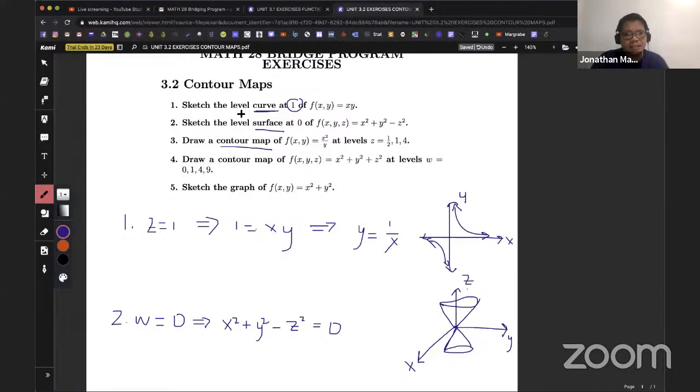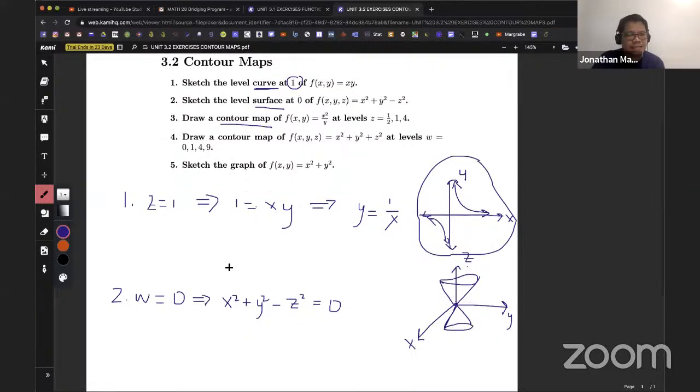So this level curve, this figure can also be considered as a contour map, kaya lang isang specific value lang yung binigay natin sa Z. So pag nagdagdag pa tayo ng ibang values for Z, let's say Z equals 1, Z equals 2, Z equals 3, 4, okay? At pagsasama-samahin natin siya on one space or one system, okay? That will be your contour. Okay?